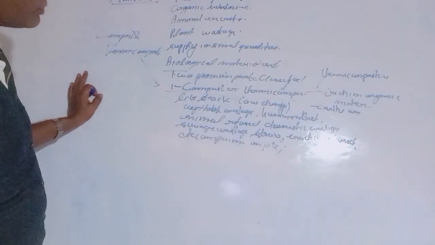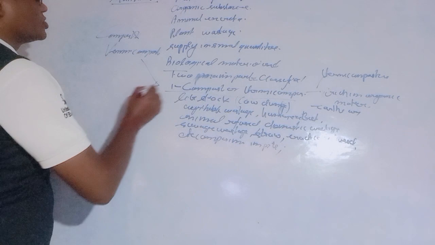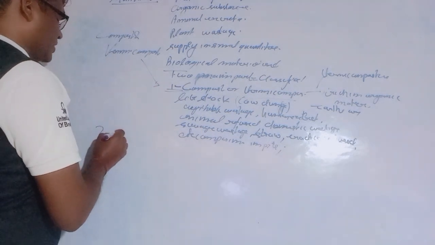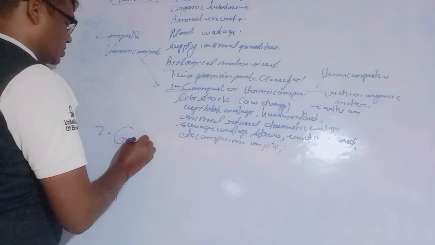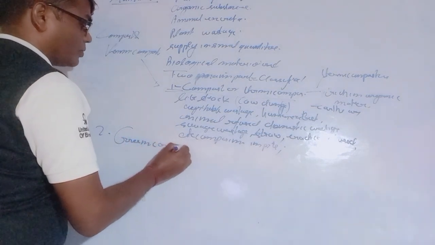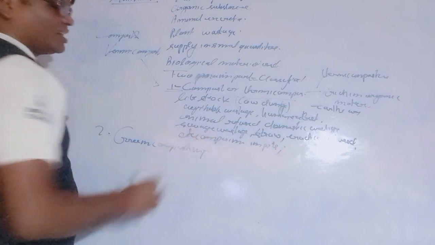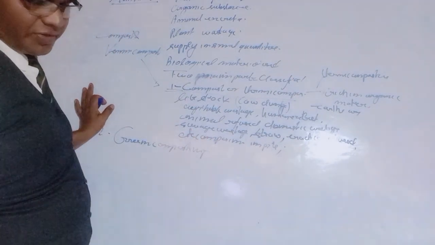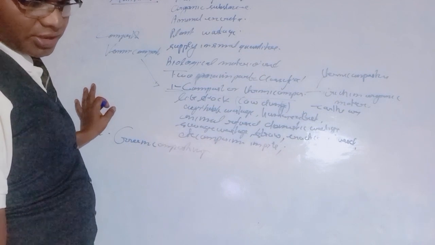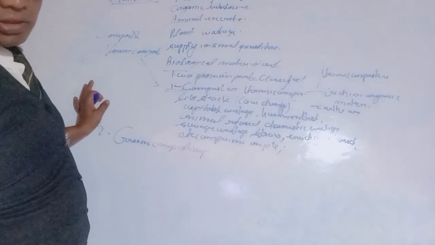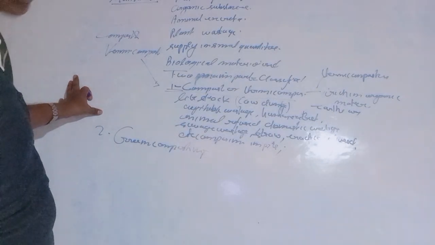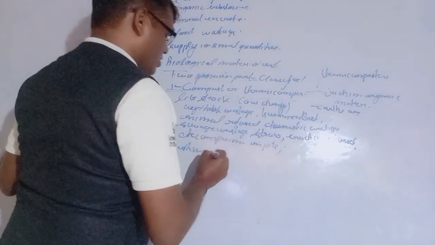Green composting. First we have studied vermicomposting, and second we will try to understand green composting. What is green composting? Generally, in our daily lives we eat different types of food, vegetables, and fruits.